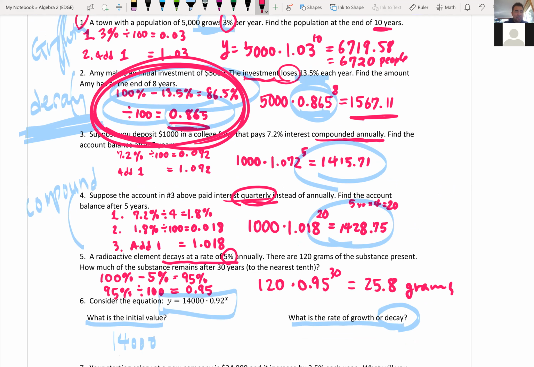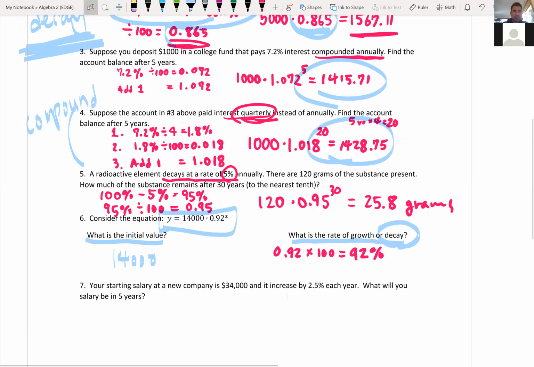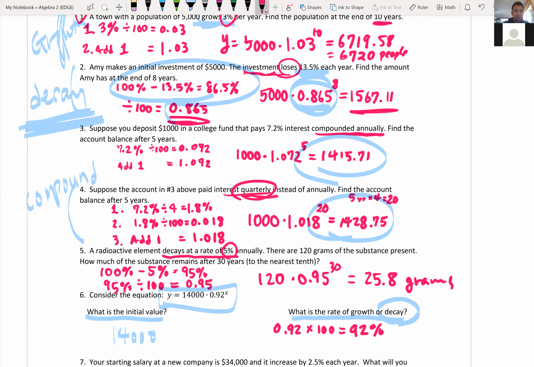Now, the last thing that we did was divide by 100. So I am going to take 0.92 and multiply that by 100, which is 92%, right?